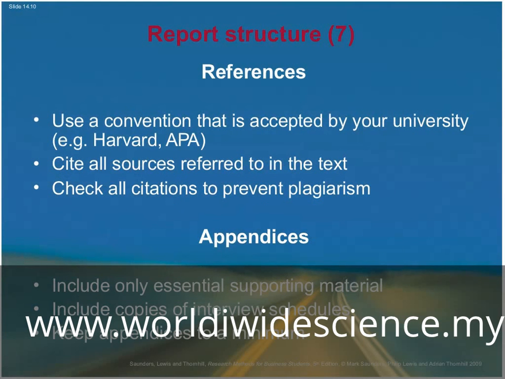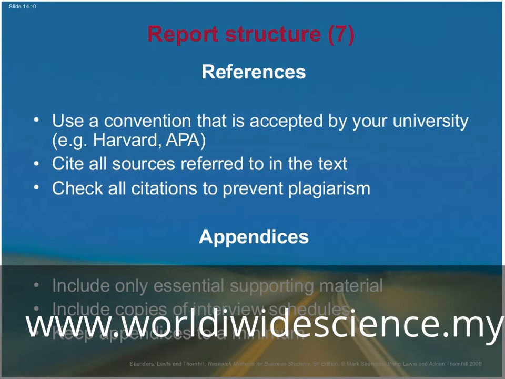And then references, which Mr. Mivet asked me about today. Use a convention that is accepted by your university, for example Harvard or APA. APA and Harvard are the most common and famous techniques for referencing.